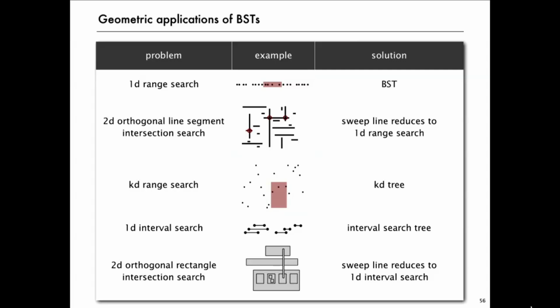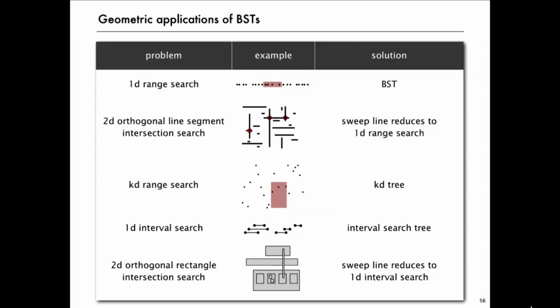Then we looked at range search and other operations using KD trees. Again, a modification of binary search trees. And then the interval search tree to solve the one-dimensional interval search problem, and then how that corresponds to the basic algorithm that you get to if you use the sweep line algorithm to solve rectangle intersections.